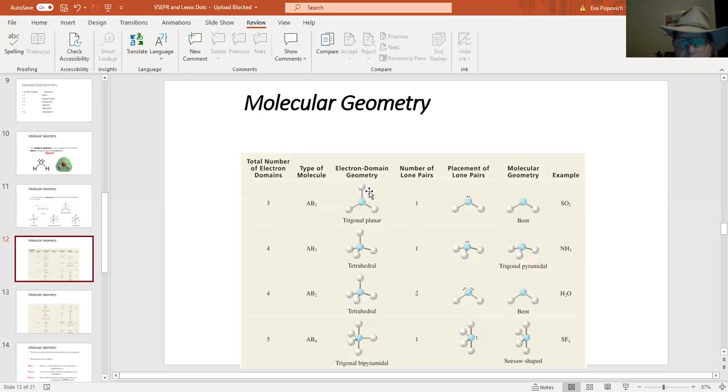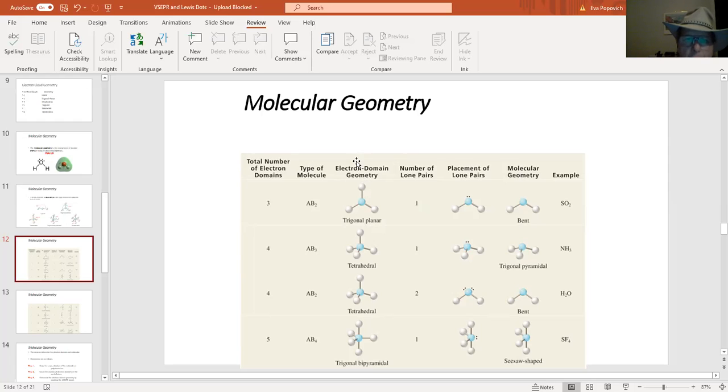If I have 3 atoms bonded around a center atom, like in BF3, the boron's in the center, the 3 fluorines are out here. Each one of the points on my electron domain geometry has an atom attached to it. That means my electron domain geometry is trigonal planar and my molecular geometry is trigonal planar.